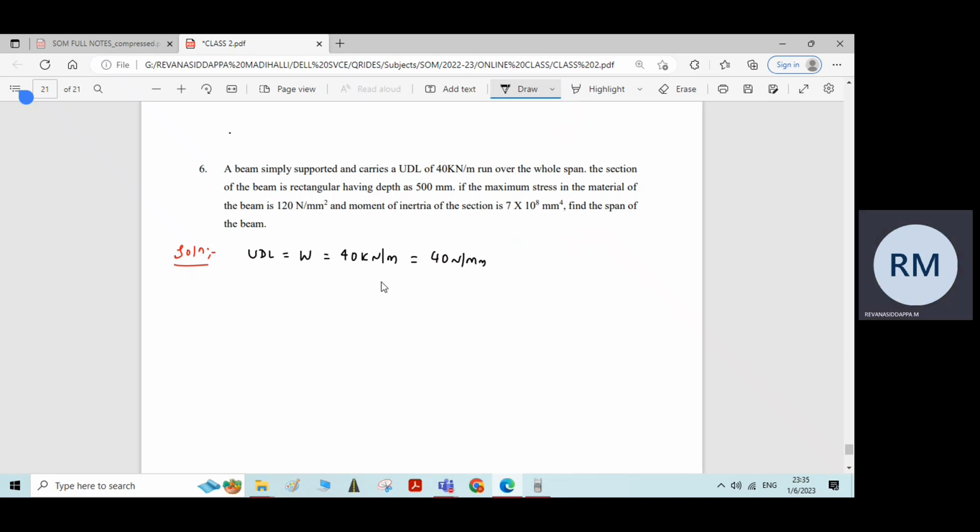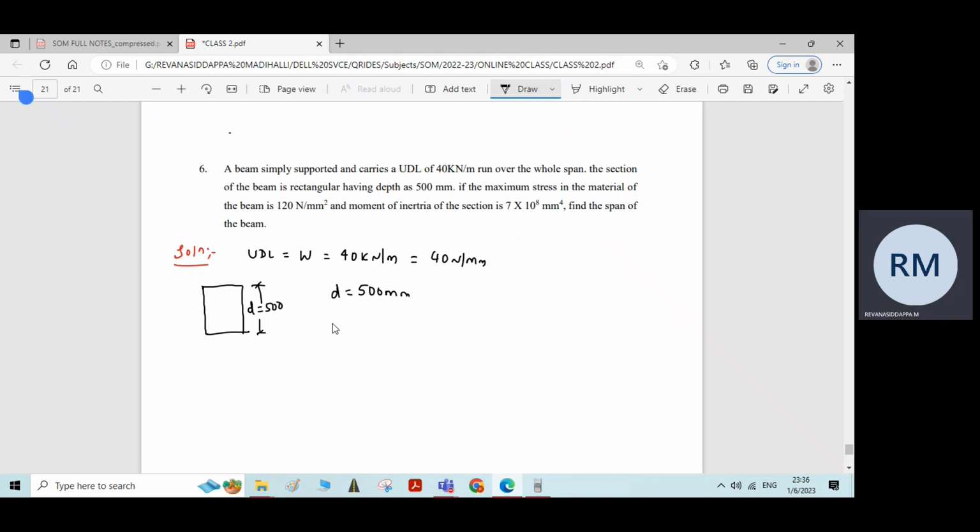The section of the beam is given. It is rectangular having depth of 500 millimeter. Depth of the beam is given. D is equal to 500 millimeter.